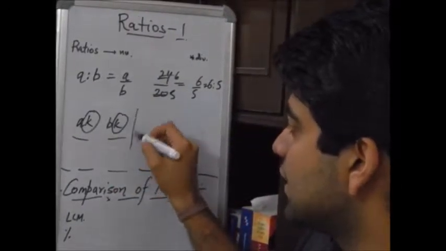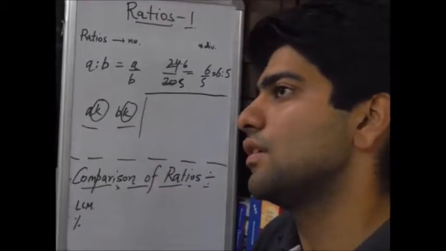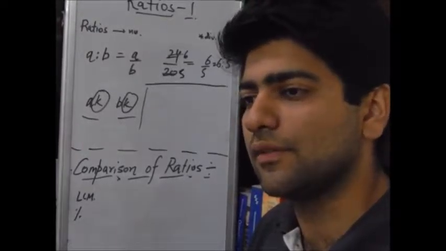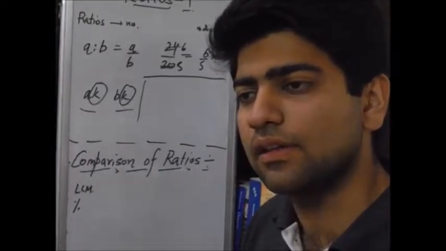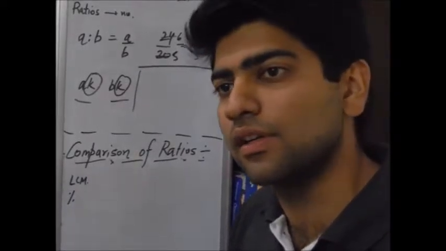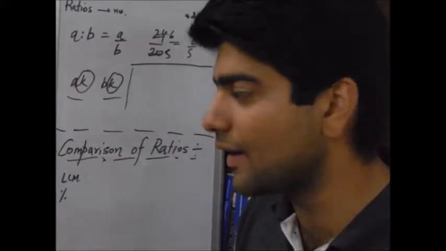But if I say two numbers are in the ratio 3:5, or if I have given pencils to two persons, Rohan and Mohan, in the ratio 2:3, how would I actually say that?